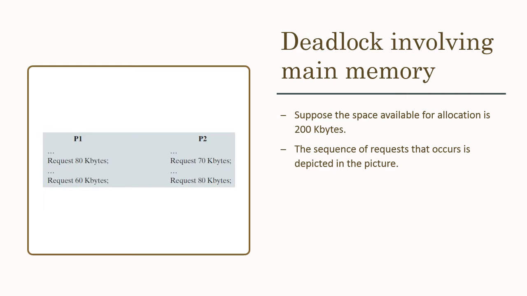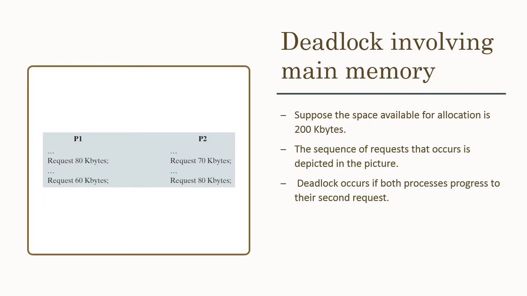Later it asks for 60 kilobytes more. P2 makes an initial request of 70 kilobytes and later somewhere in its code it asks again for 80 kilobytes. Deadlock occurs if both processes progress to their second request.